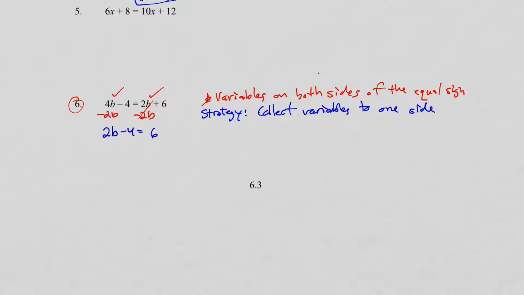Then we finish this up by isolating. And we're done. Okay, so the main strategy here was to collect the variables to one side. There wasn't any simplifying, there weren't any parentheses, and so let's move on.